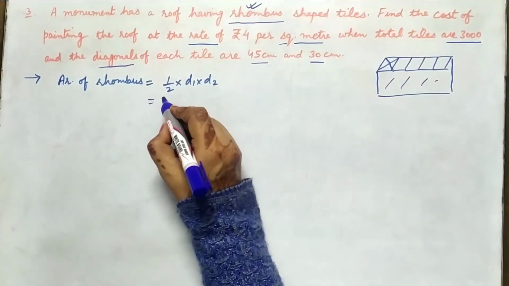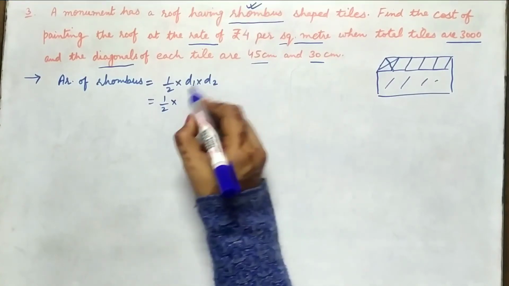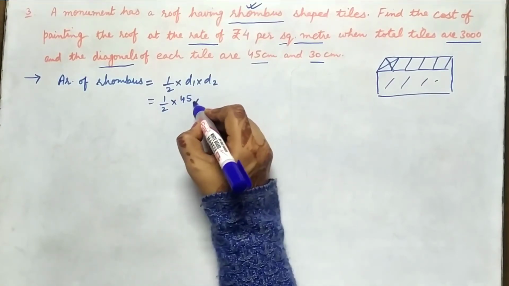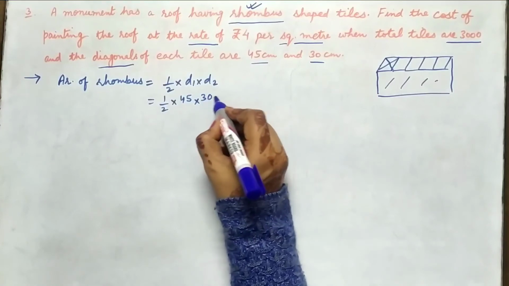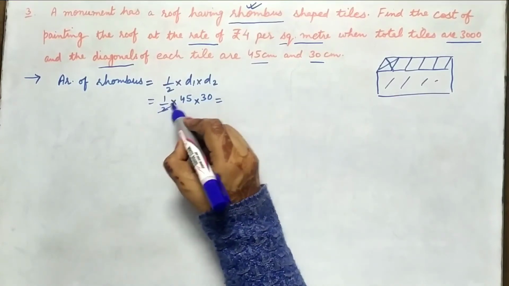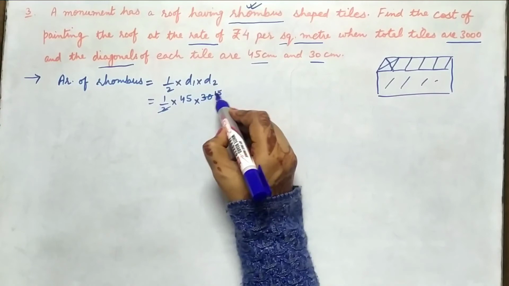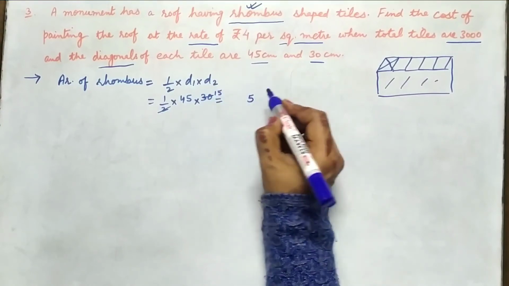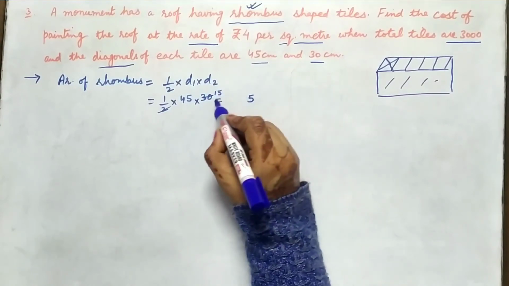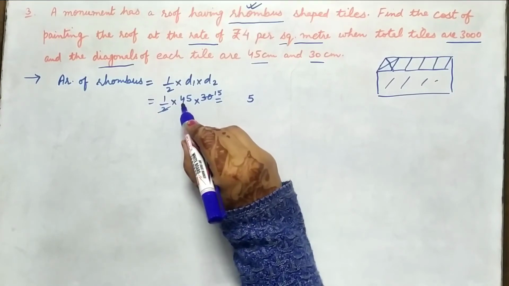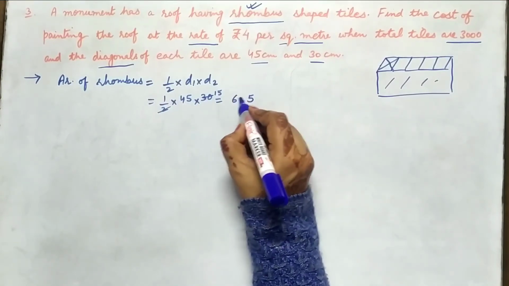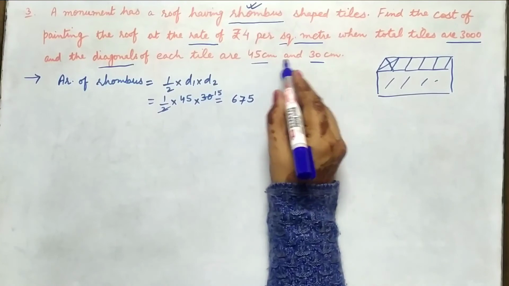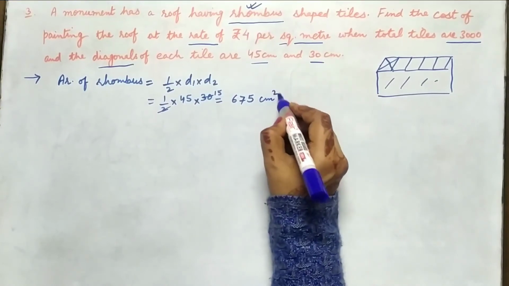We substitute the values. 1 by 2, d1 is 45 centimeter, d2 is 30 centimeter. It gives, after cancellation, 15 fives are 75, 7 carried, 15 fours are 60 and 7, 67, and the units centimeter square.